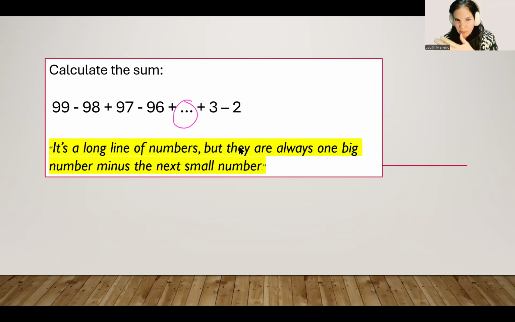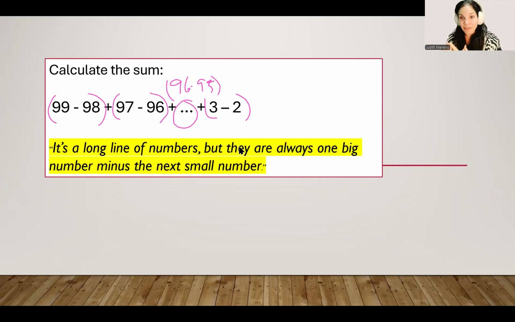The numbers keep repeating in groups of two, like 99 minus 98, 97 minus 96. And if I was to add another number here, it would be like 96 minus 95. And then it's going to keep going on to 95 minus 94, 94 minus 93, until it gets to the last number, which is 3 minus 2, all the way down.